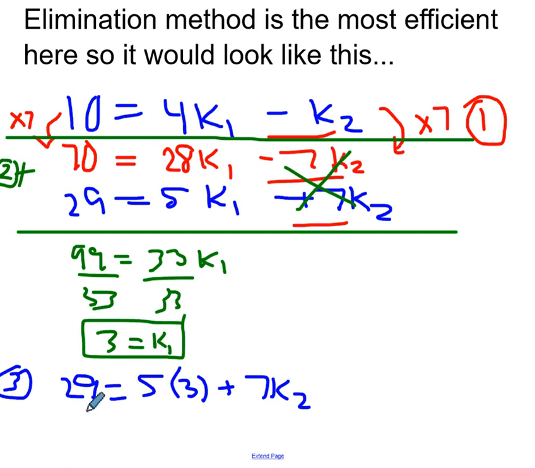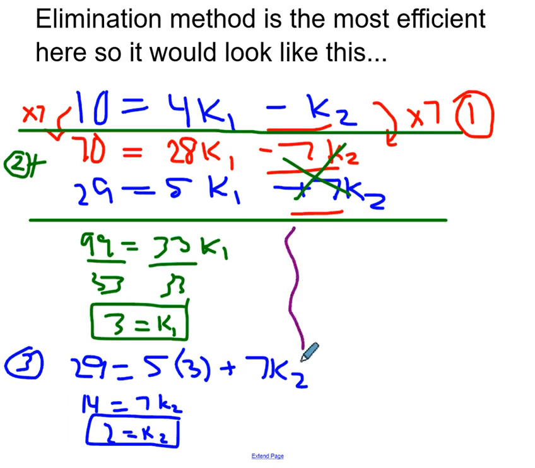So I have 29 is equal to 15 plus 7k2. I bring my 15 to the other side. I have 14 is equal to 7k2. Divide by 7 left and right. I get that 2 is equal to my k2. Found my k2.